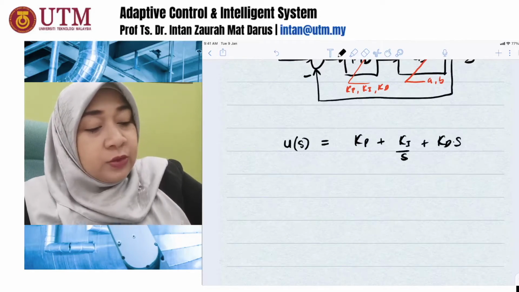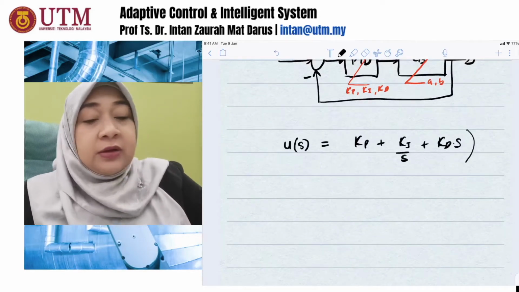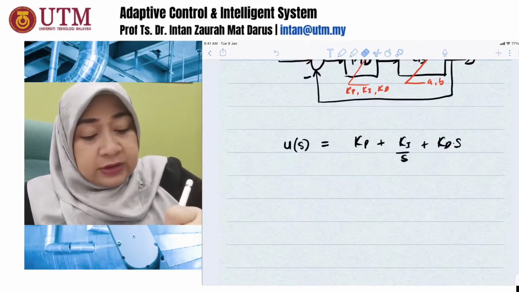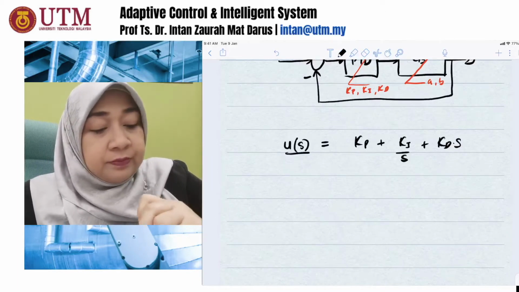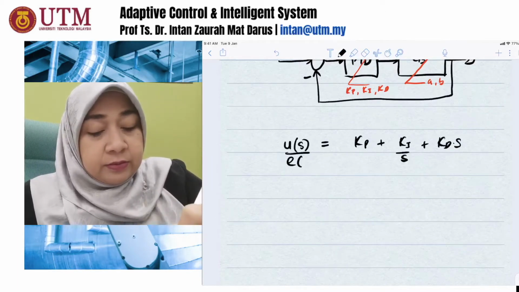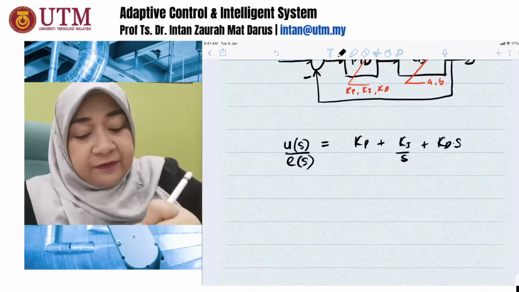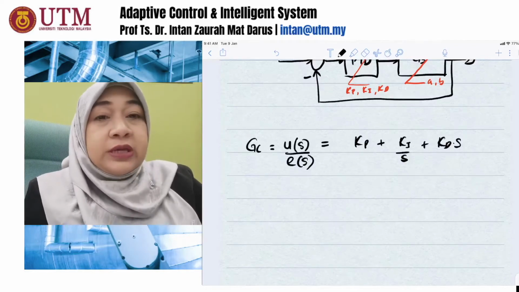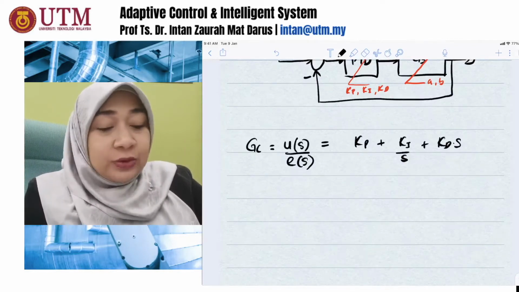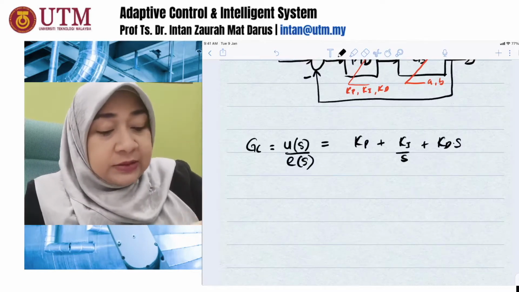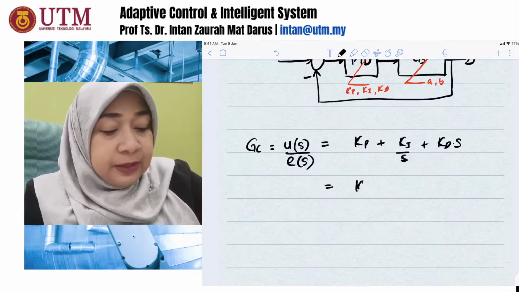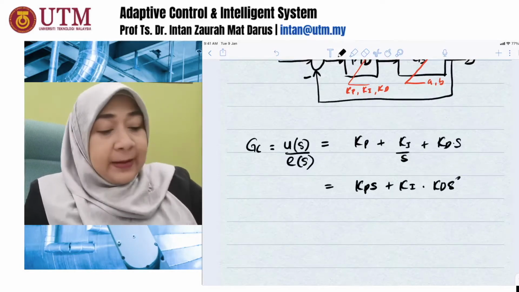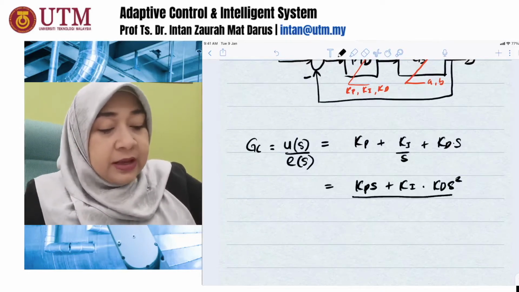So the whole thing is multiplied with the error, and I can just bring that error to the other side, and divide by the error. That is your transfer function GC, output over input. Now I'm going to multiply all of them with S so that the denominator is just S. So I have KPS plus KI plus KD s squared, the whole thing divided by s.